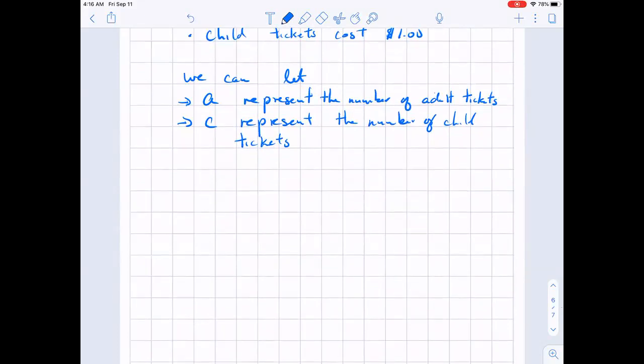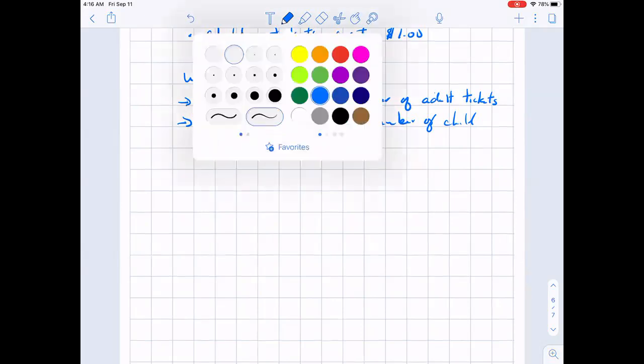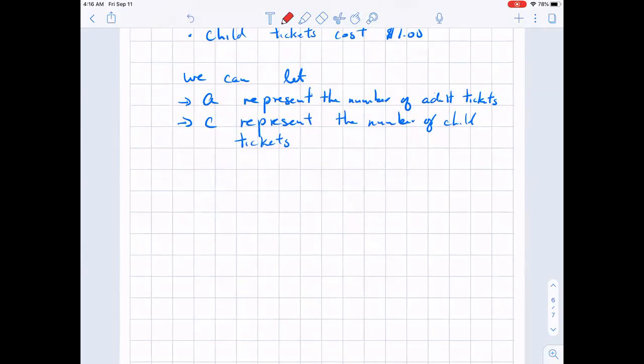Now we don't know how many of each type of tickets were sold, but we know that the number of adult tickets, which is A, plus the number of children tickets, that was equal to 850 tickets. Okay? Right?